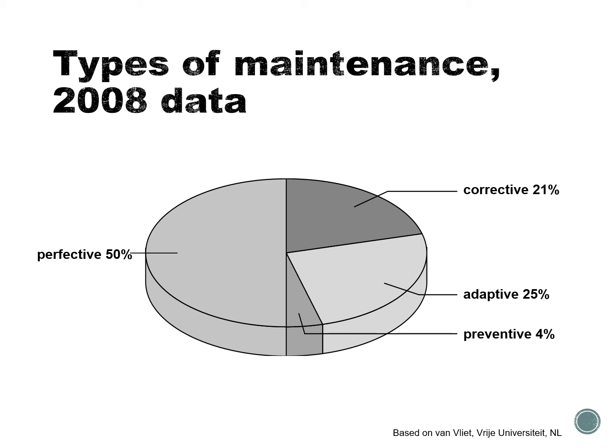The almost perverse part here is that preventive maintenance is 4%. This means that we just try to make the tool better. We don't have to do it because it's broken or horribly in flames or something like that.